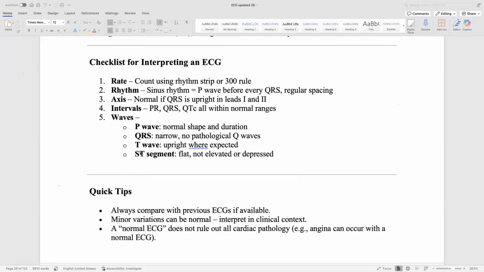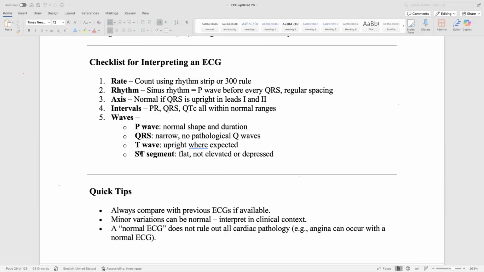If the ST segment is up, that is ST segment elevation. If it is down, ST segment depression. I'm not saying MI. I'm not saying ST elevation MI. No, ST elevation. ST elevation could be MI, could be many other things, like what we are going to see now.